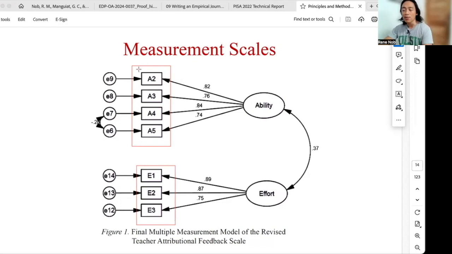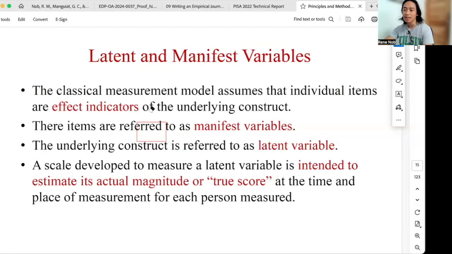And the way that we respond to each of these items should be informed by the construct that is within, which is the perceived ability attributional feedback. And the way we respond to these items theoretically should be influenced by the construct. And what is the construct? The perceived effort attributional feedback from teachers, perceived by students.